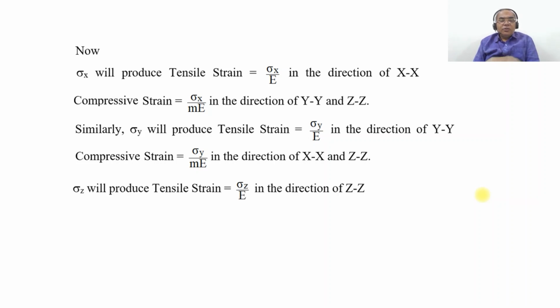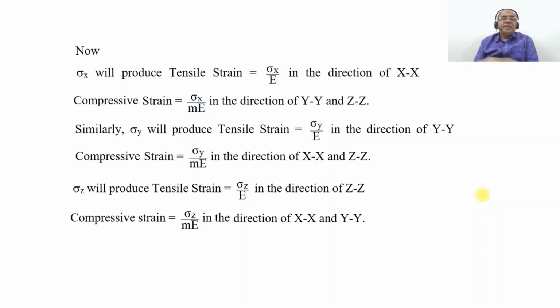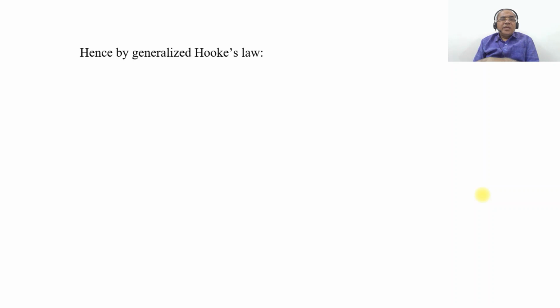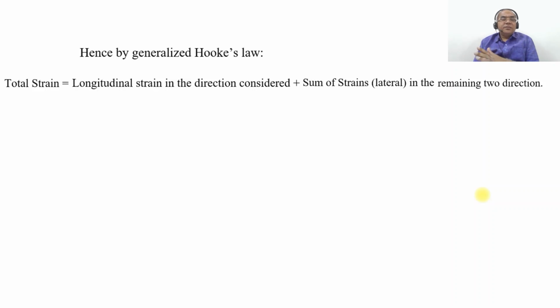Similarly, sigma z is going to produce the tensile strain, sigma z by E in the direction of zz, and compressive strain, sigma z by m into E, in the direction of xx and yy. So hence, by the generalized Hooke's law, what happens?